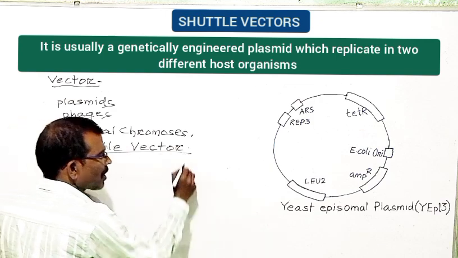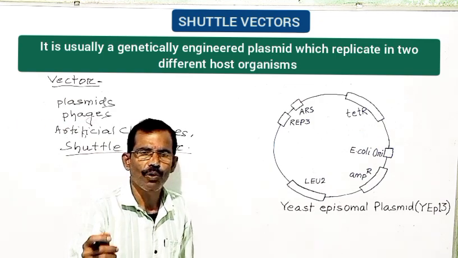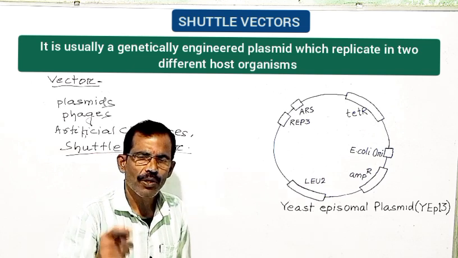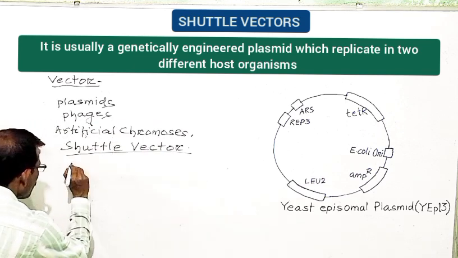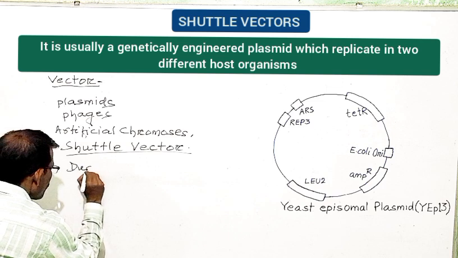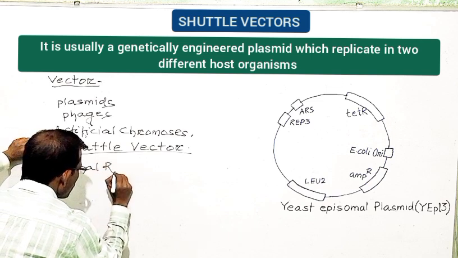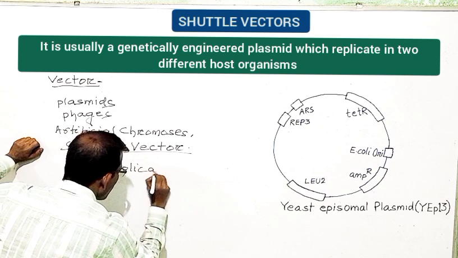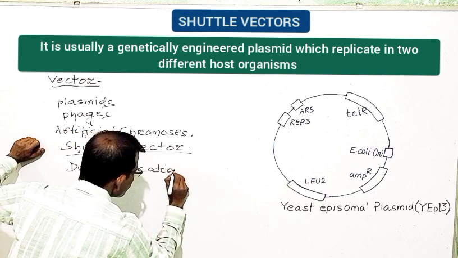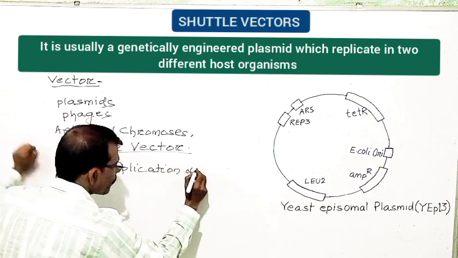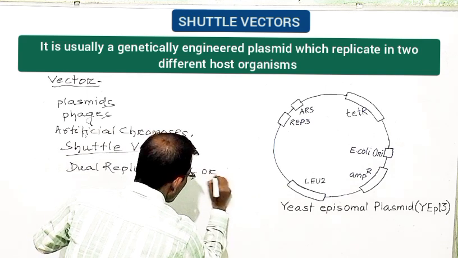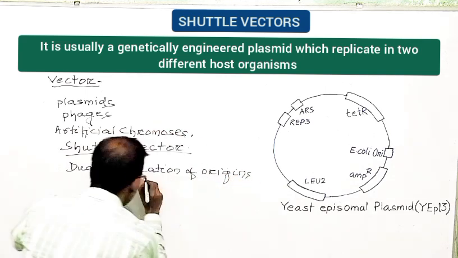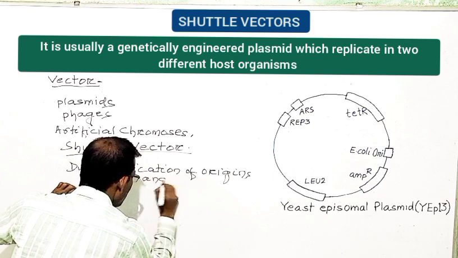These vectors are used for high capacity cloning and library construction, because of the presence of dual origins of replication and specific selectable markers.